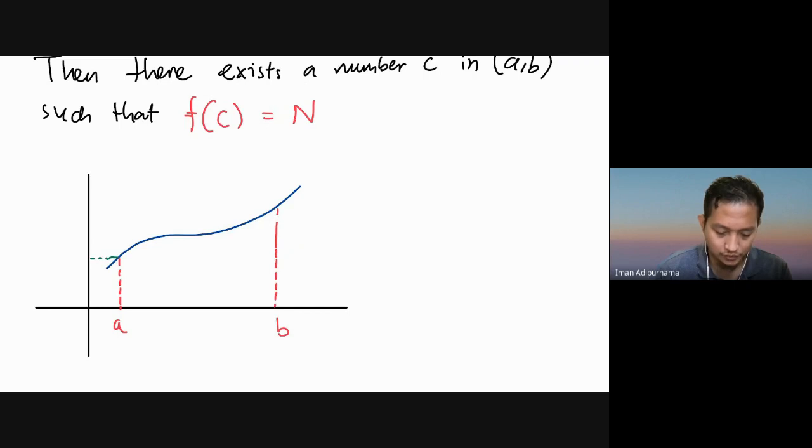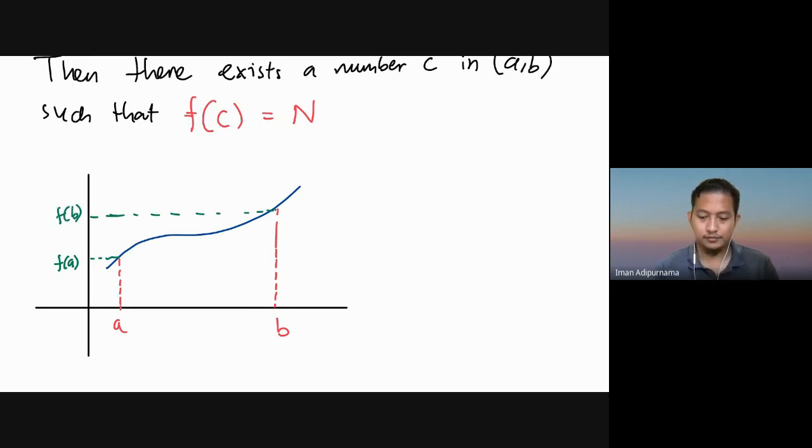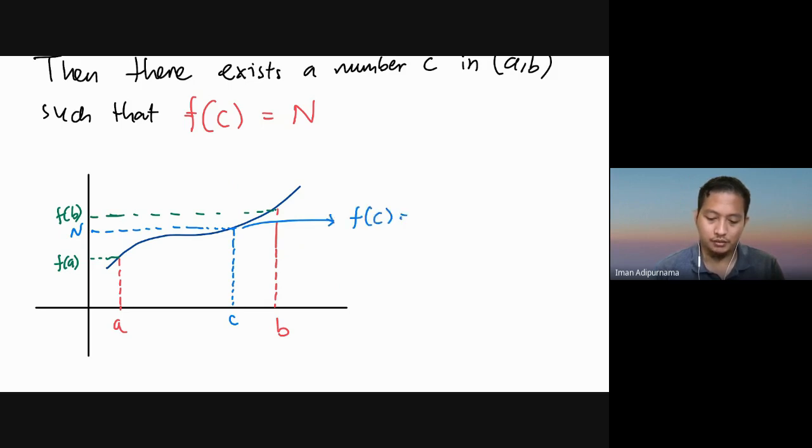And this will be f of a, and this will be f of b. And maybe we have c here, and this will be our n. And this is showing that f of c is equal to n.